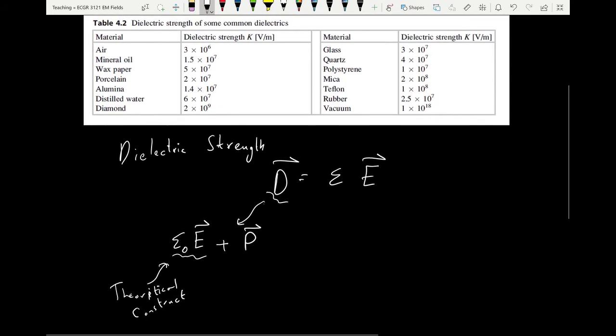So in theory, we can have as big of an electric field as we want, and the polarization in free space will not break.